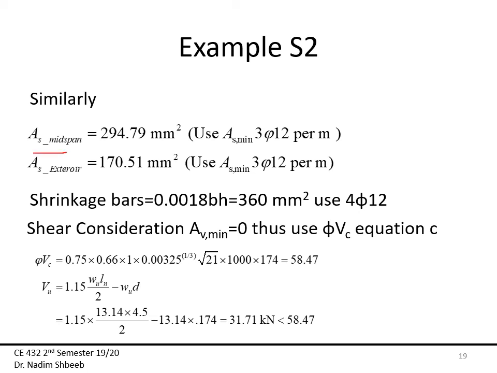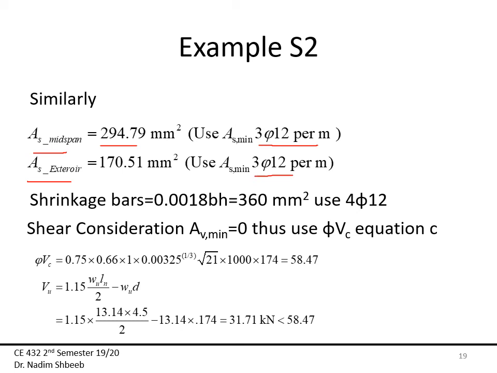Now, for mid-span, you can notice that the area of steel is 294.7, which is less than the minimum steel. So for that, I have to use the minimum steel, which is 3 12. The exterior is 170.5, and I have to use also 3 12 per meter.